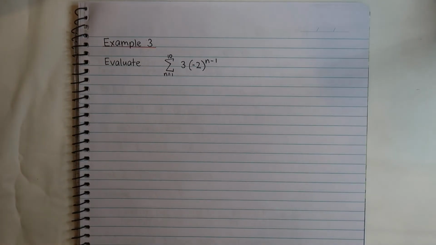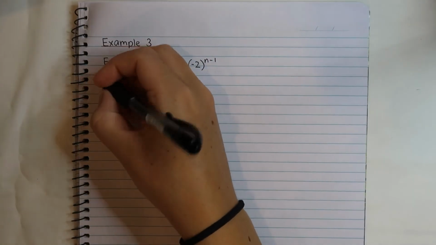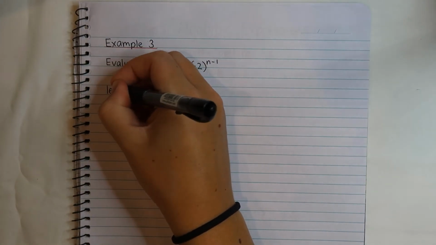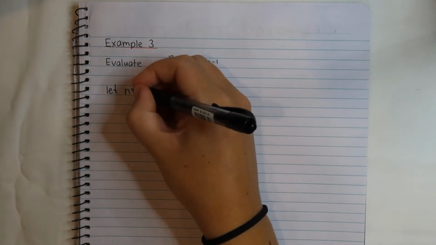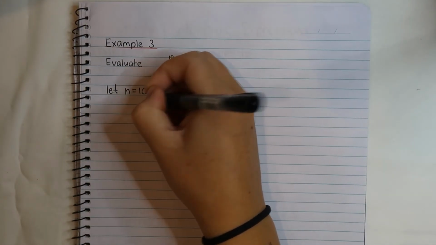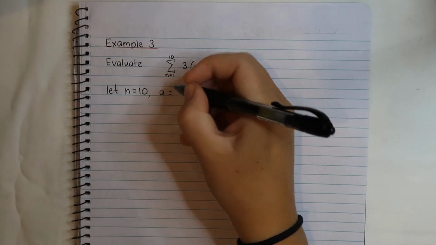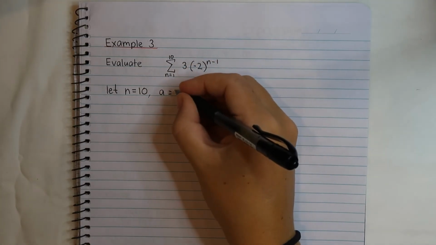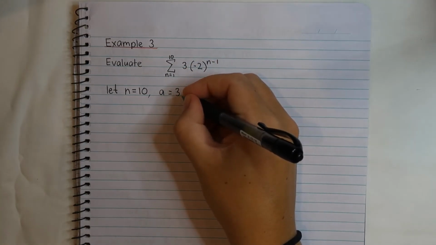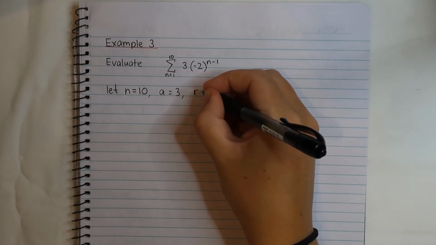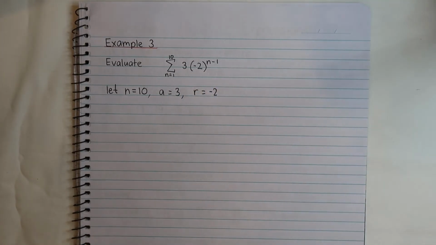So let's go ahead and state our terms. So we know that n is equal to 10. We know that A is equal to 3. We know that our common ratio is negative 2.